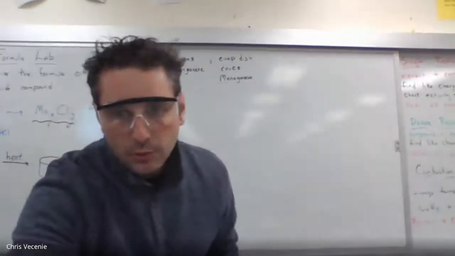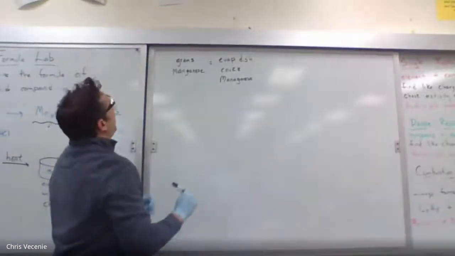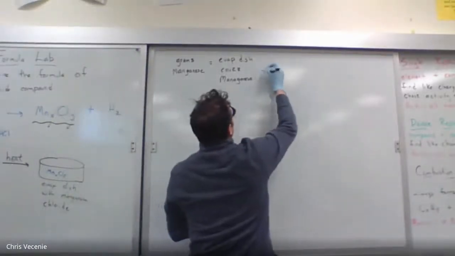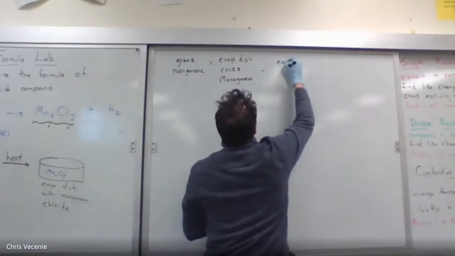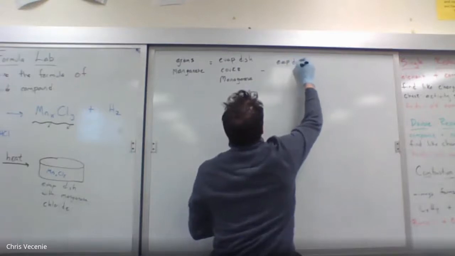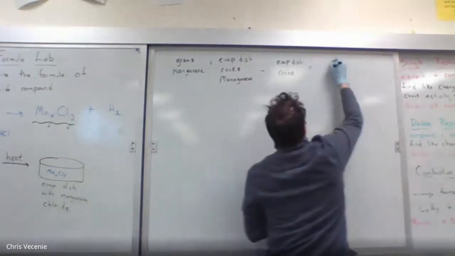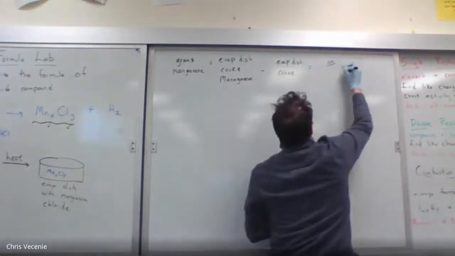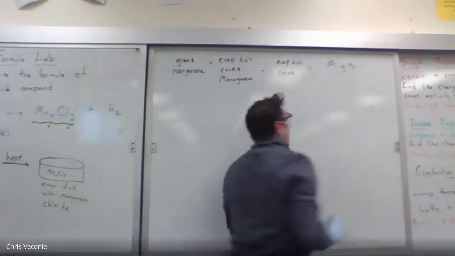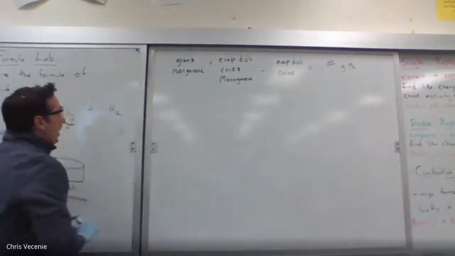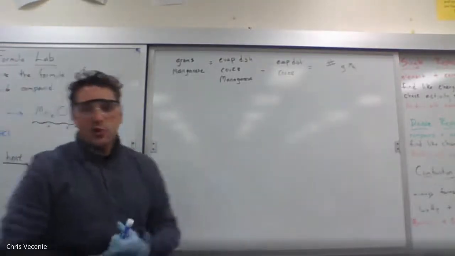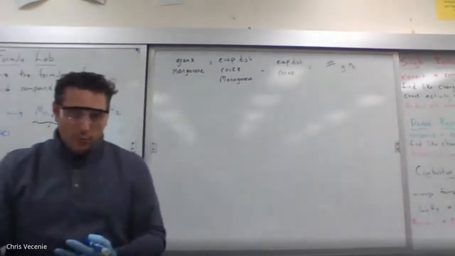And I'm just double checking. Good, not presenting. Okay. Minus the evaporating dish and the cover. So that's going to get you some number for your grams of Mn. That was your first star calc in your table.